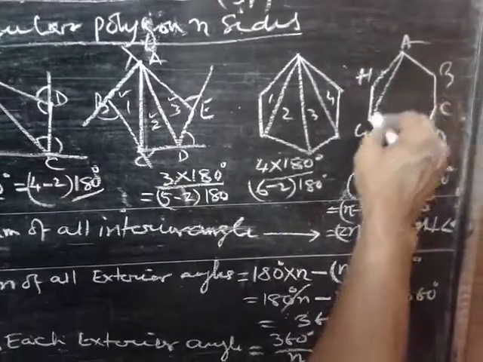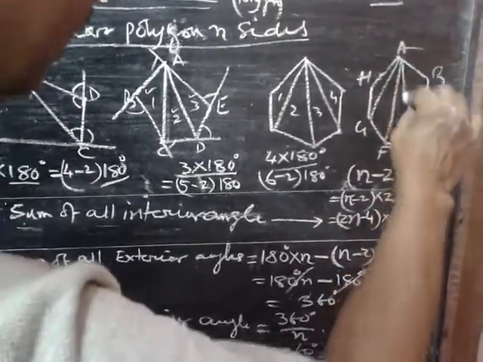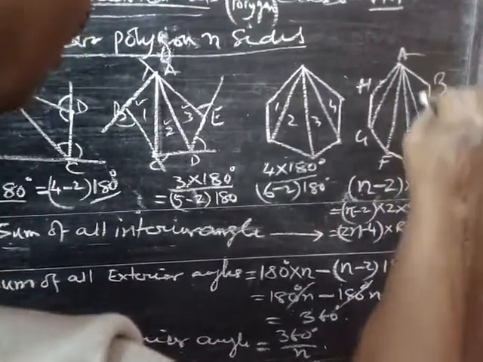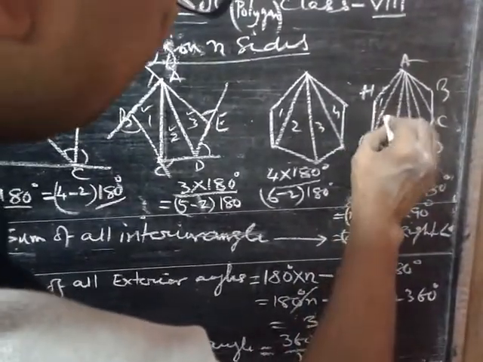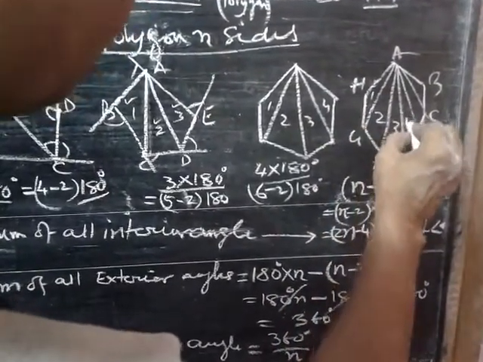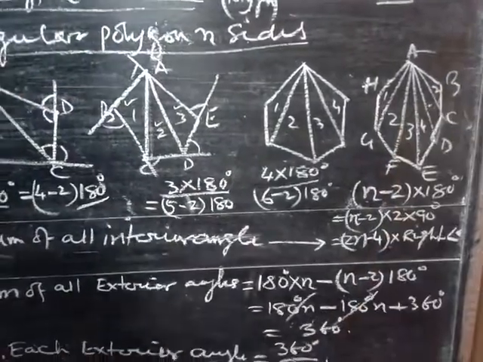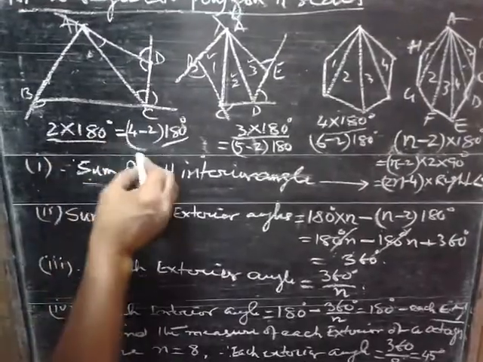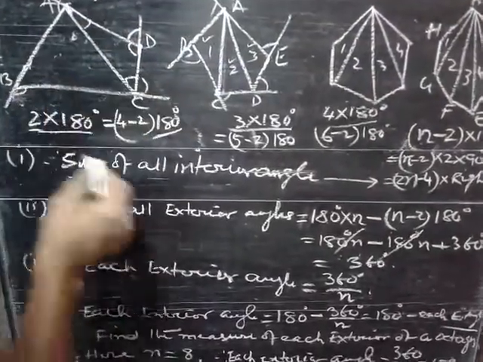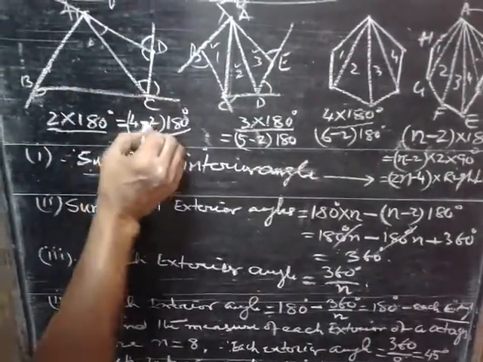And we can also do this for any polygon whose number of sides may be more than 4, up to n. Now see, we can arrange this. There are 4 sides, 4 minus 2.